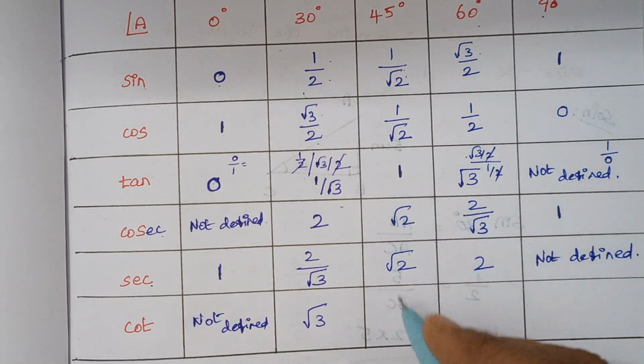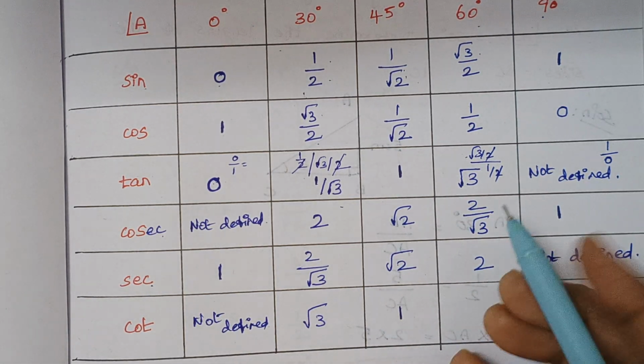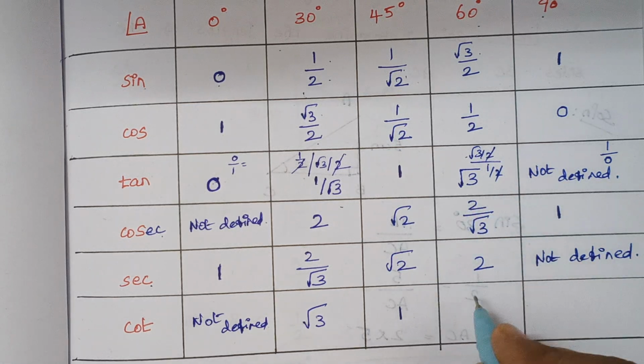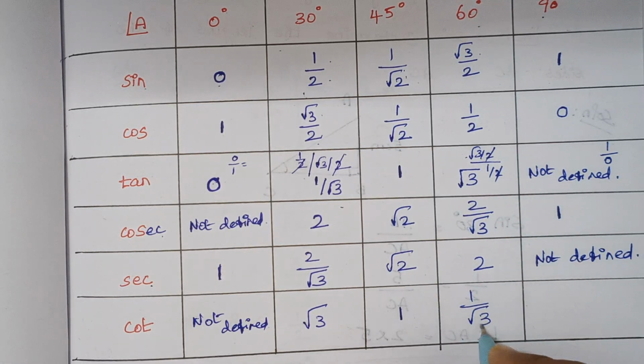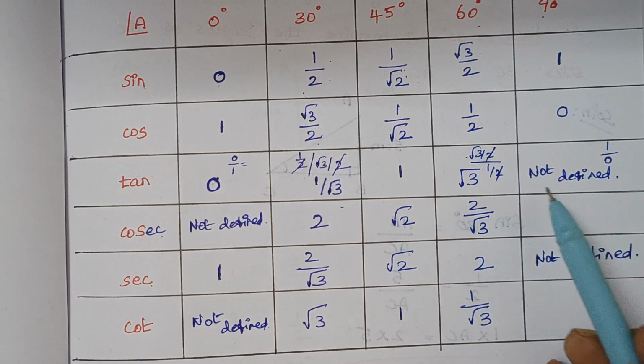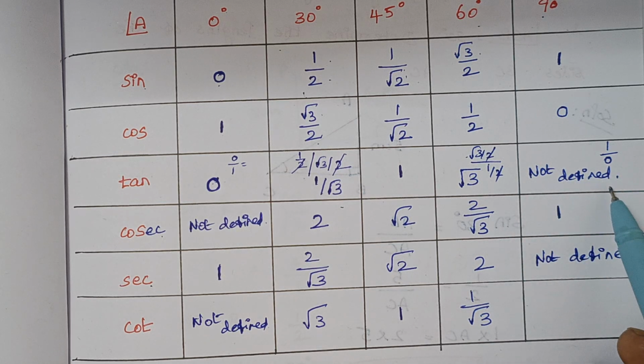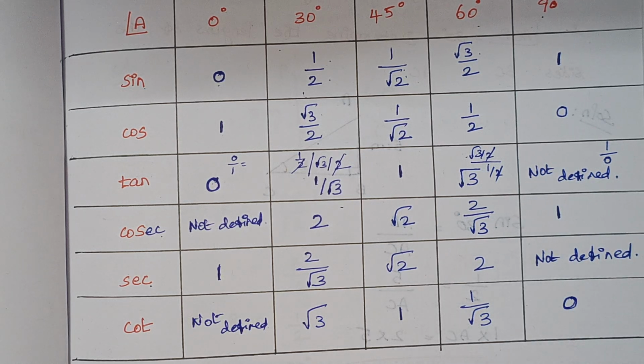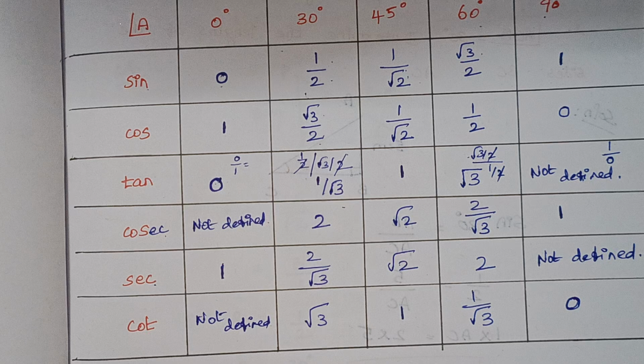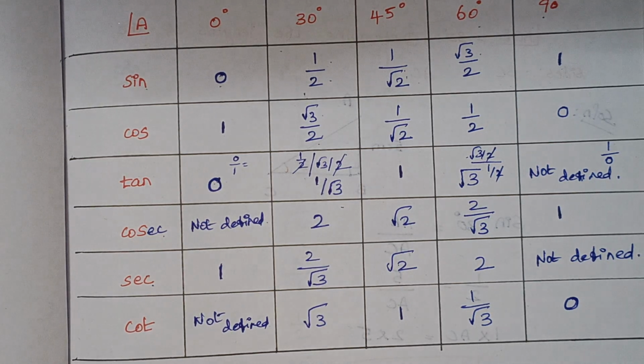And the reciprocal of 1 is 1. And here the reciprocal of root 3 is 1 by root 3. And here it is not defined. Right. So when you take this reciprocal, it becomes 0. Right. So finally we have filled each and every element in this tabulation.